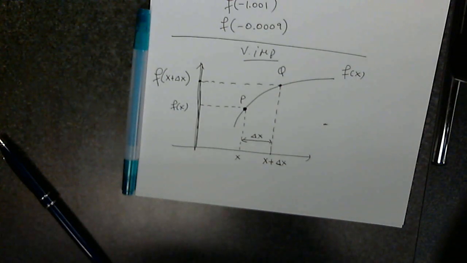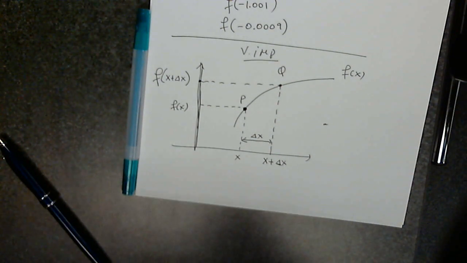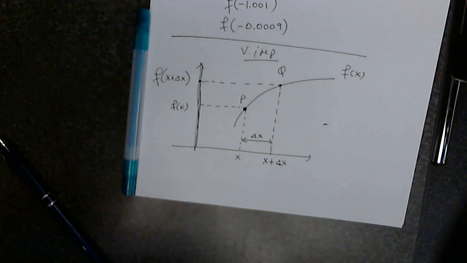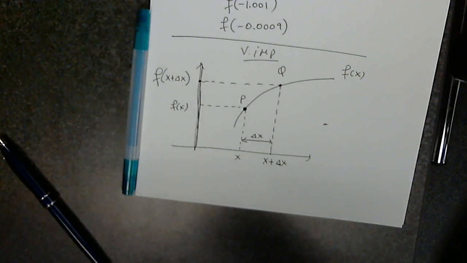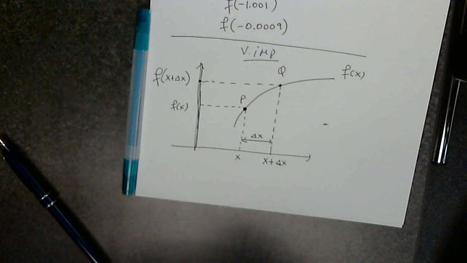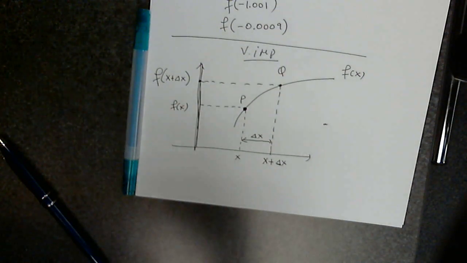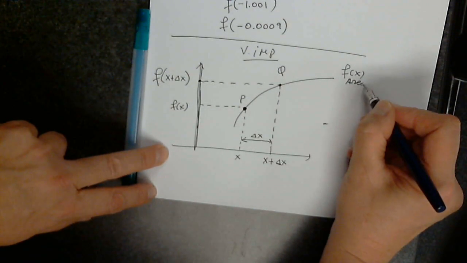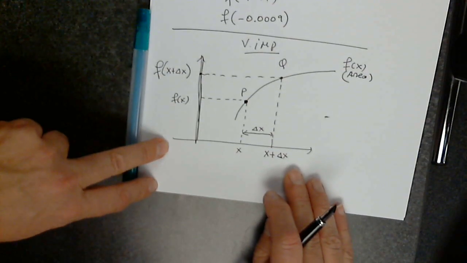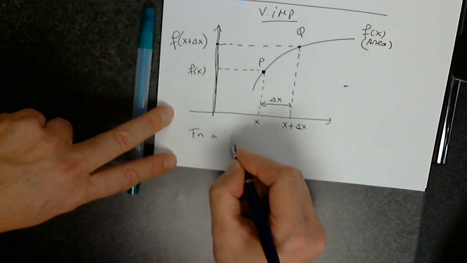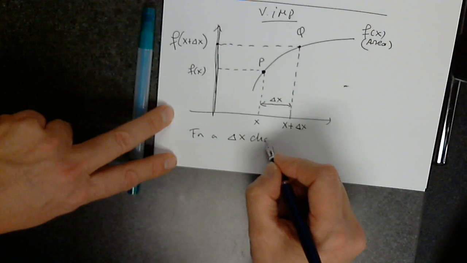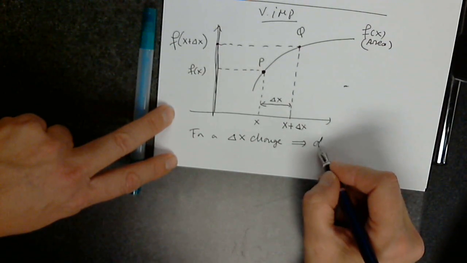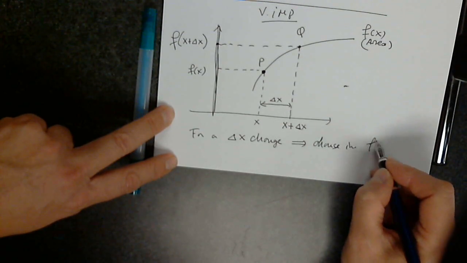How much will that create of an error in the area? So the area is the function. This is x. That's the diameter. And I want to determine the error in the area. So now, assuming that this is, in my example, the area of the disk, for a delta x change, let's say in the diameter, what will be the change in the function?